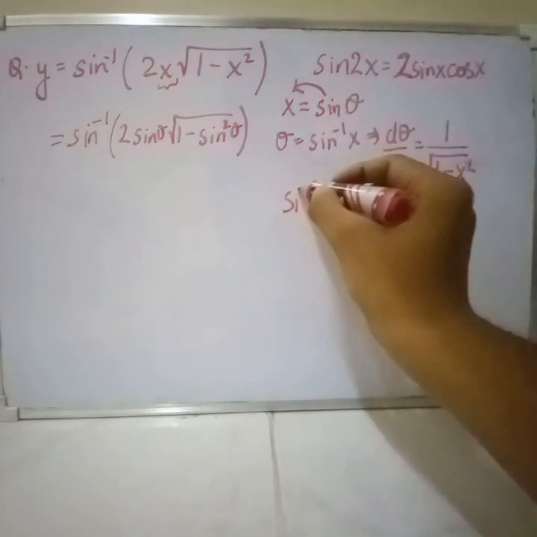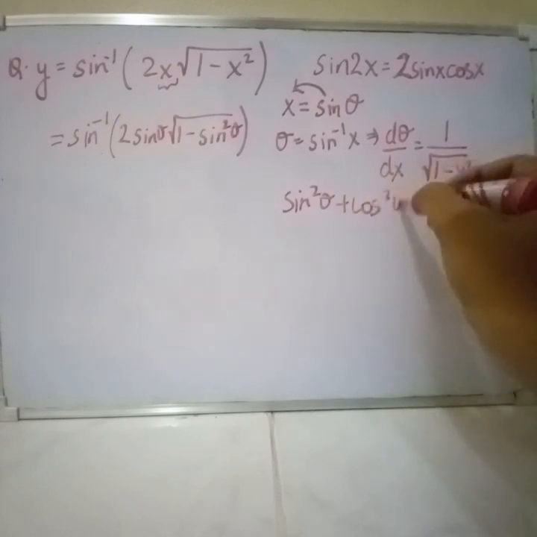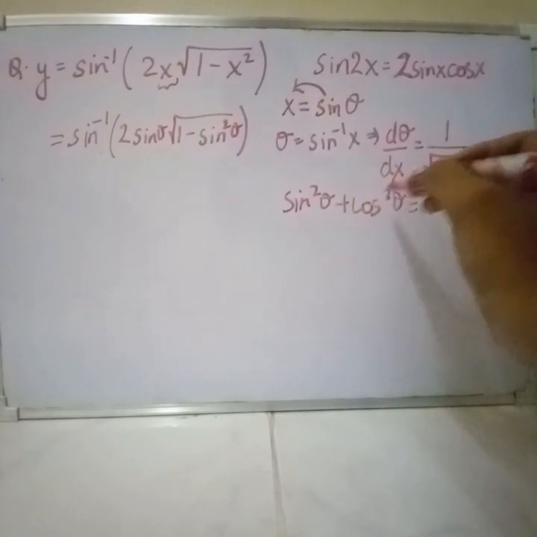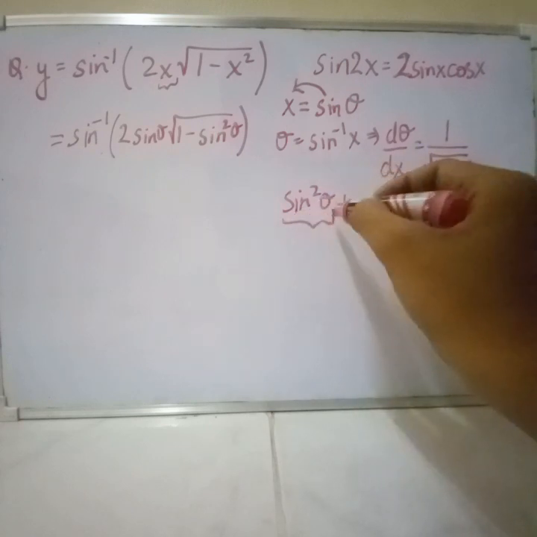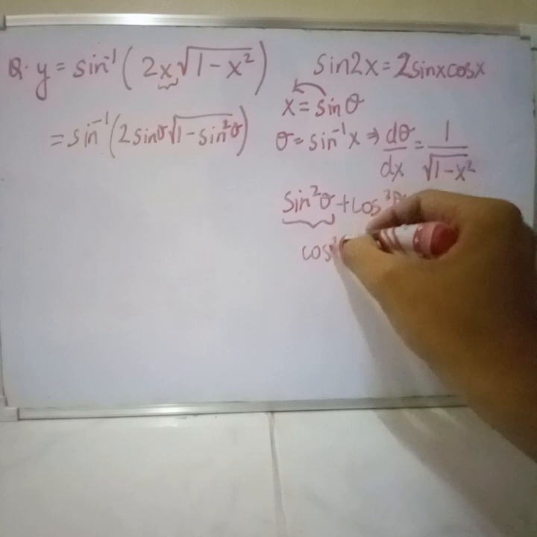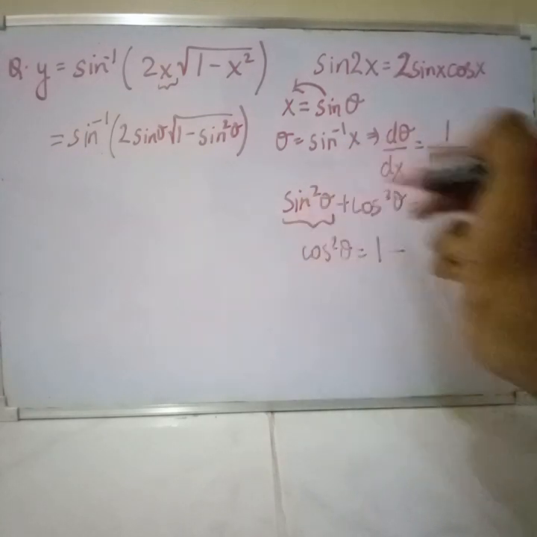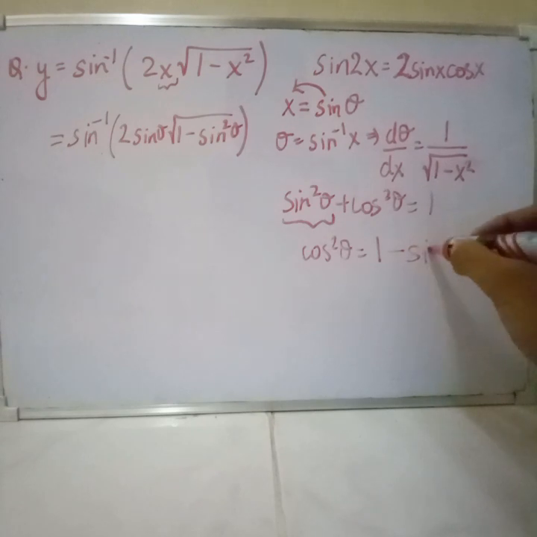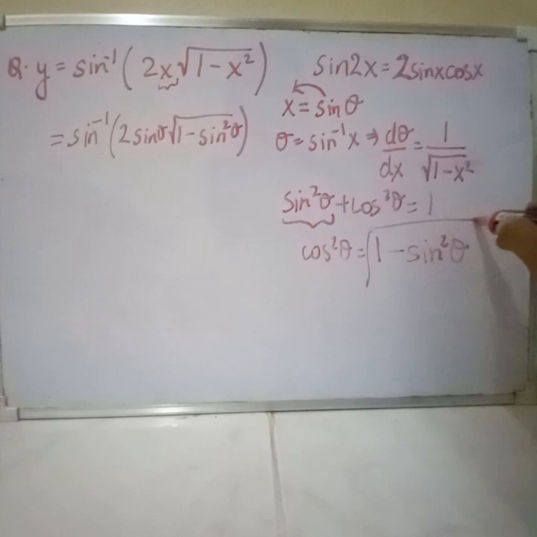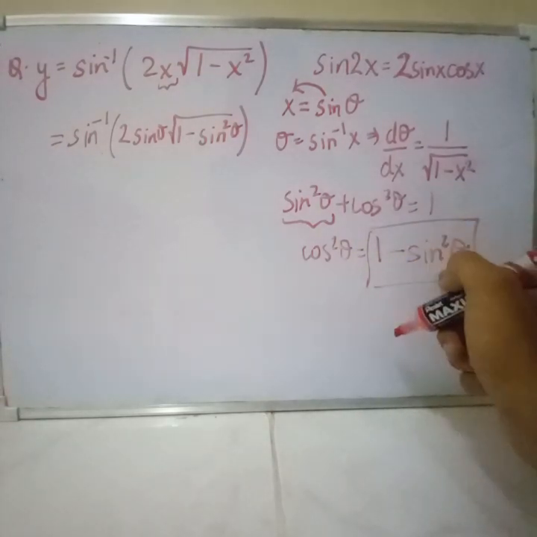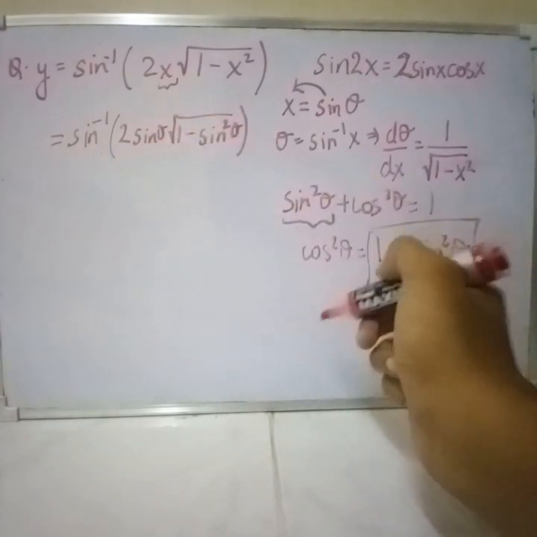So it will be sine square theta plus cos square theta equals 1. When we take sine square theta to the other side, it becomes negative, so cos square theta equals 1 minus sine square theta, right? If you check this part, 1 minus sine square theta and what's inside the square root, both are same.